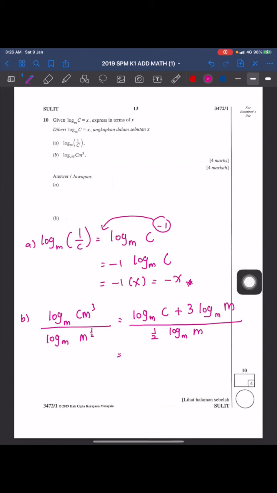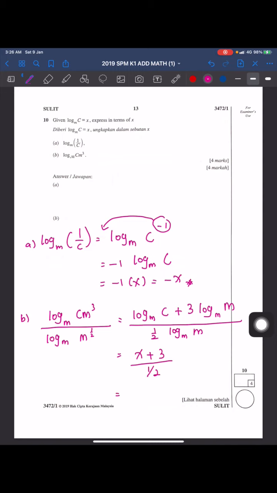Log MC sebenarnya adalah X plus, log MM ni dia akan jadi 1 kan? Okay, so 3 over, log MM ni pun akan jadi 1. So dia akan jadi bahagi 1/2.